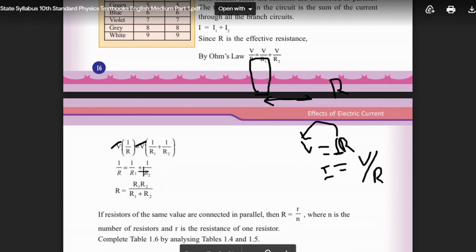Then just cross multiply: R equal to R1 into R2 divided by R1 plus R2, the product of both values R1 and R2 divided by their sum.